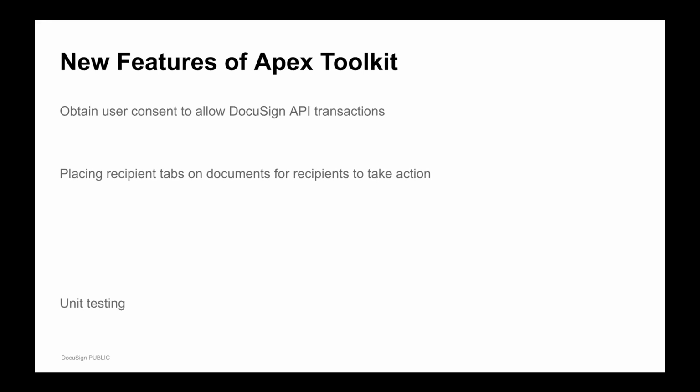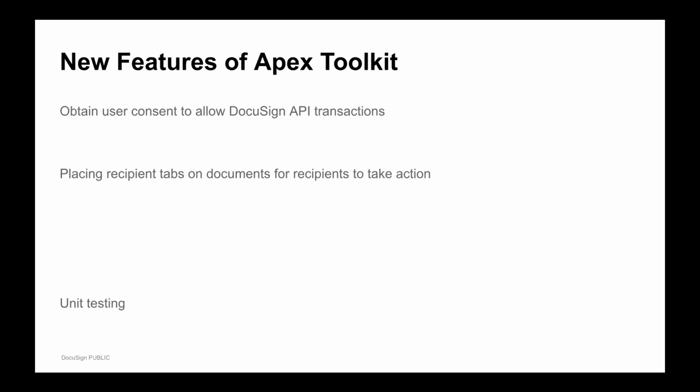So the second cool feature is being able to place recipient tabs on documents using the Apex Toolkit. Typically, this is done using a drag and drop interface when preparing an envelope for signature. So let's say you want to send out multiple envelopes with documents that are attached to your Salesforce record, and those documents more or less have the same layout.